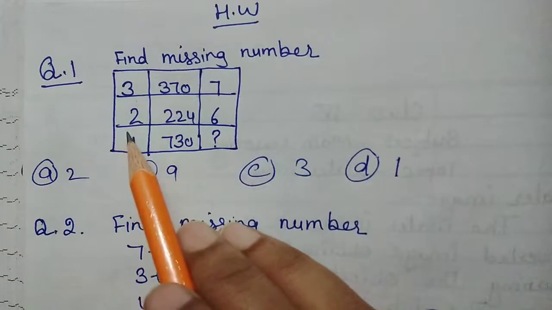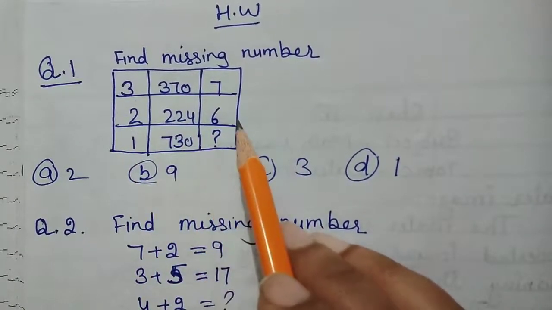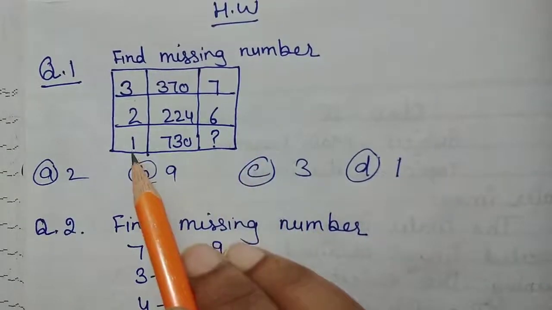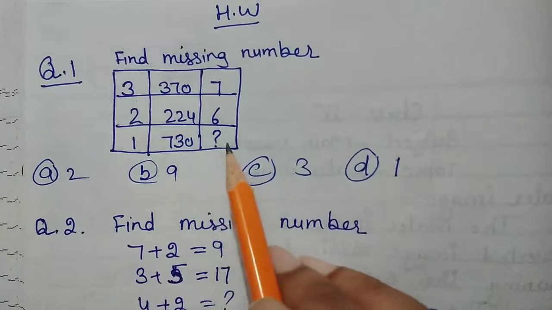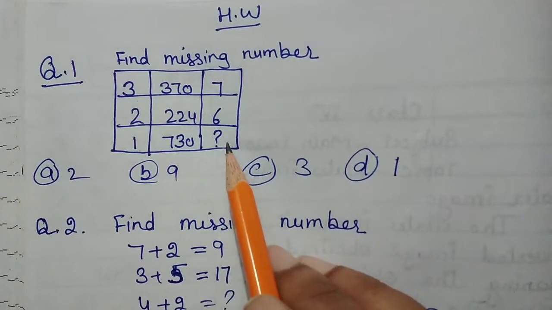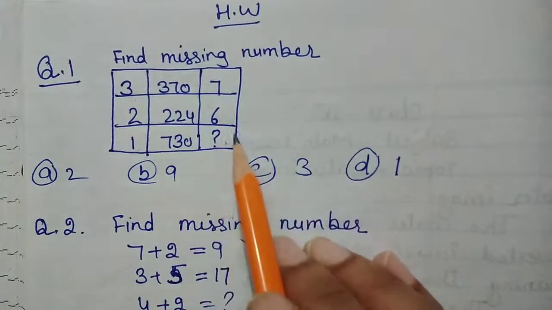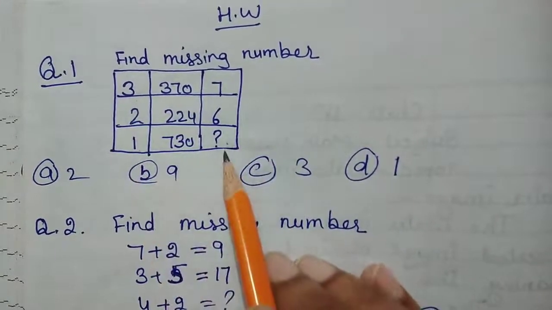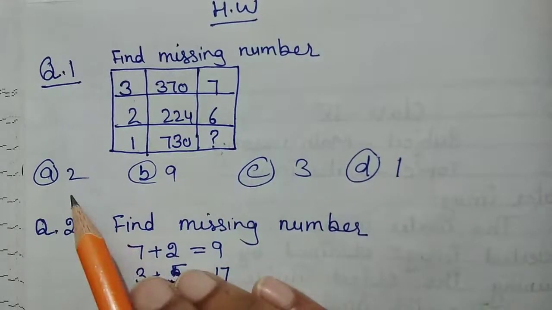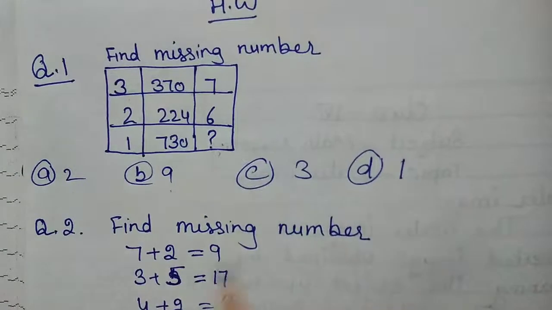Now second is 2, 2, 4, 6, and third 1, 7, 3, 0, and this value you have to find out. But first try to find the relation between the first and second value, and then try to find out this value. The options given to you are 2, 9, 3 and 1.